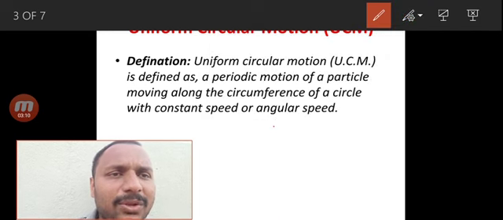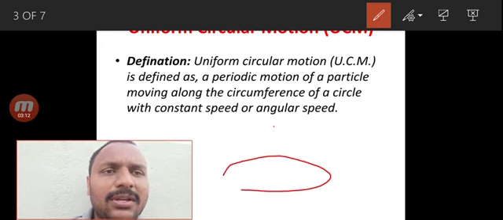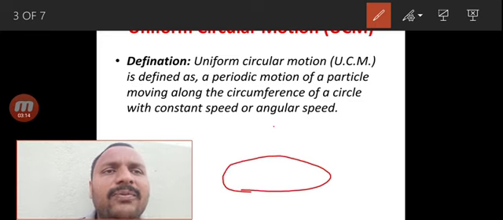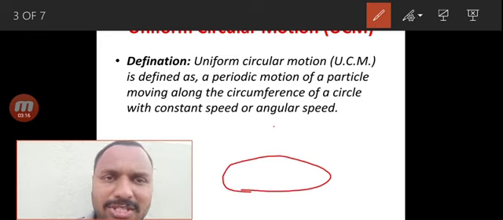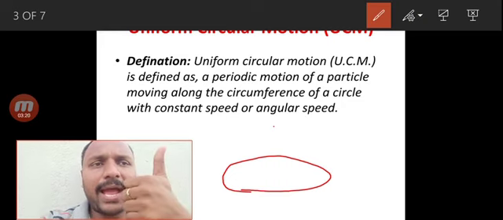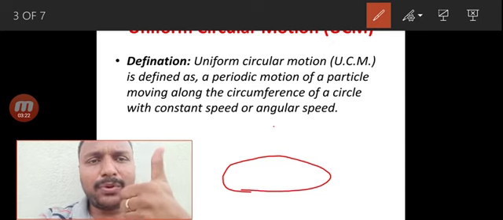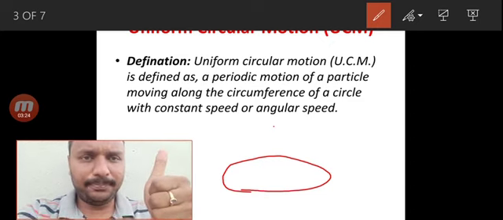Why do we say that angular speed or angular velocity is constant? Because in uniform circular motion the speed is constant, and we know that the direction of angular velocity can be shown using the right hand thumb rule.